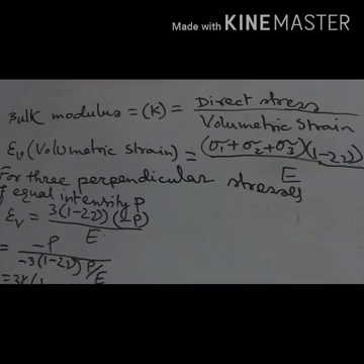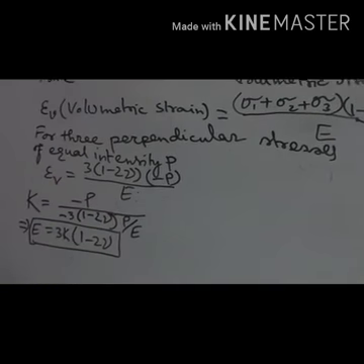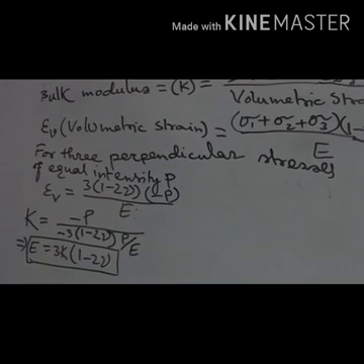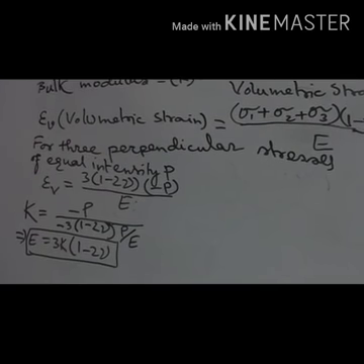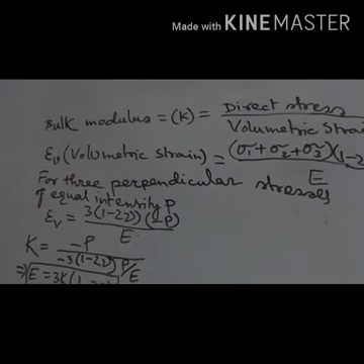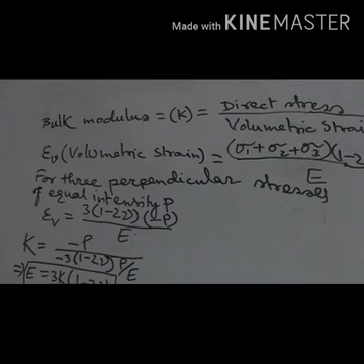That is a very important formula: E is equal to 3K (1 minus 2 nu).